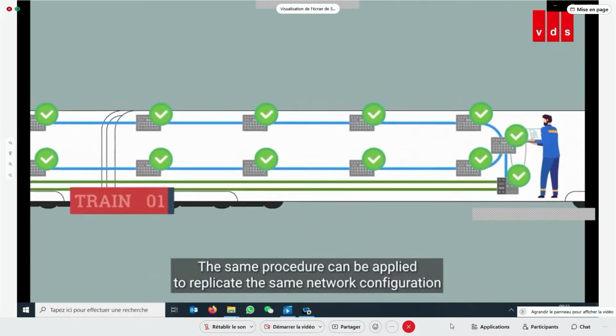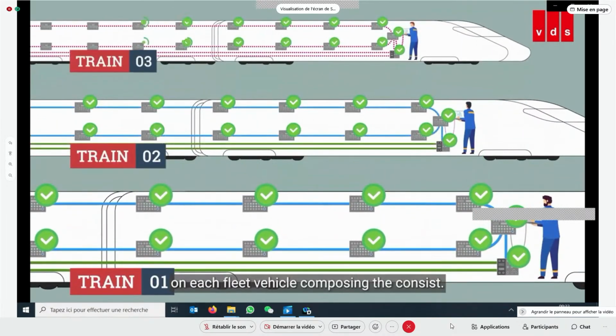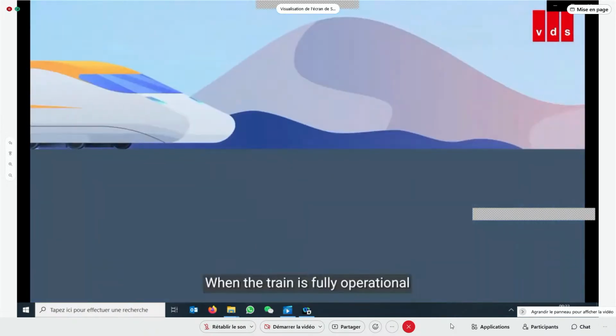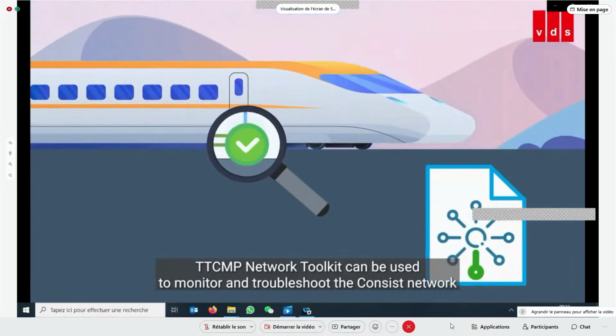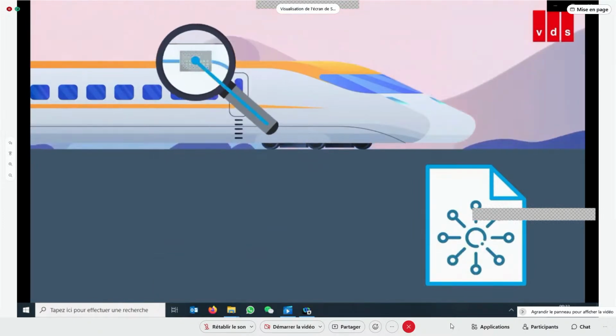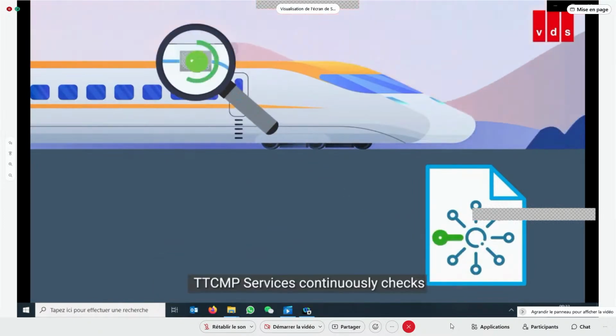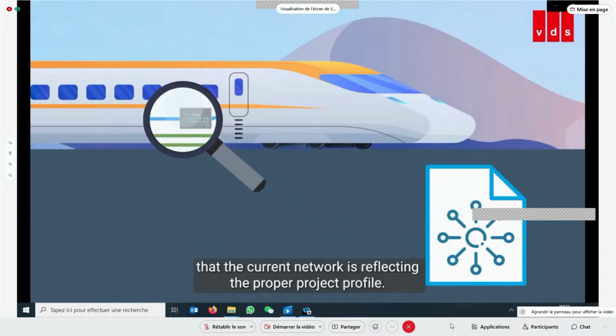The same procedure can be applied to replicate the same network configuration on each fleet vehicle composing the consist. When the train is fully operational, TTCMP Network Toolkit can be used to monitor and troubleshoot the consist network. TTCMP Services continuously checks that the current network is reflecting the proper project profile.